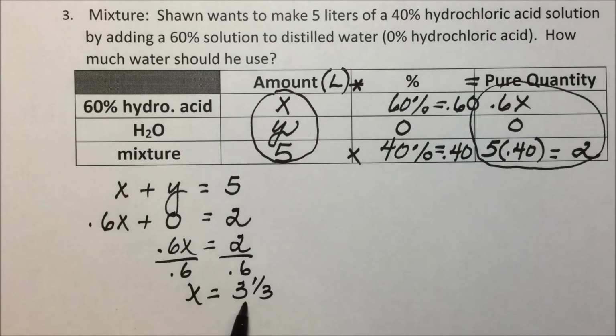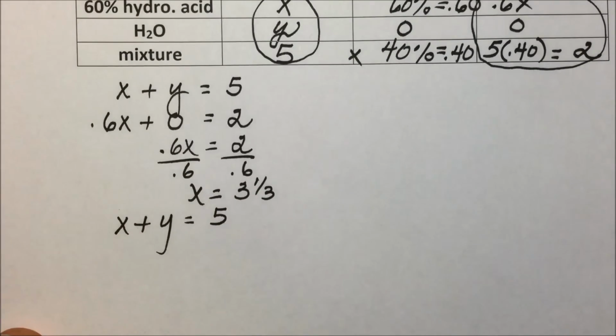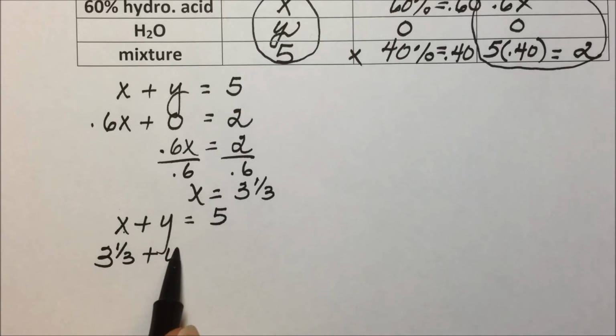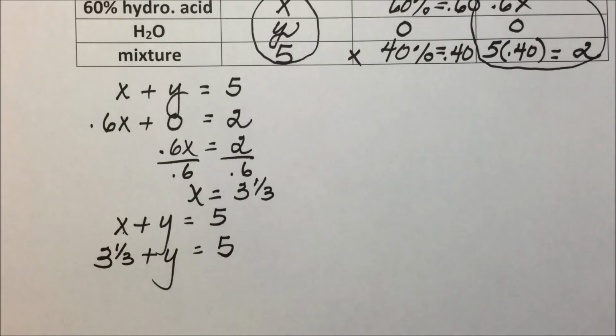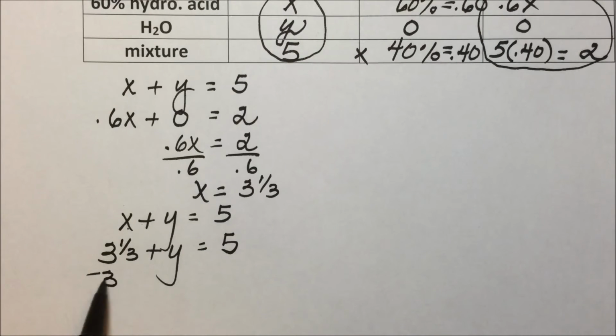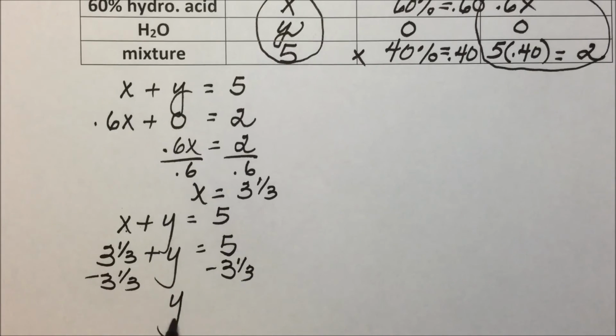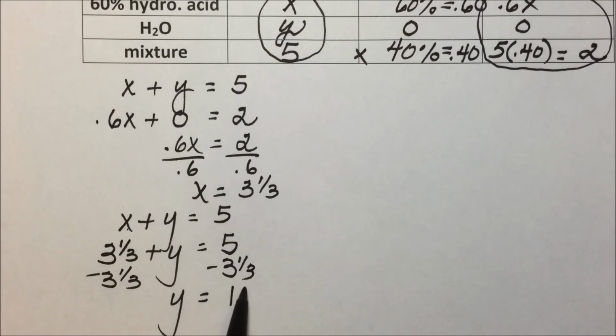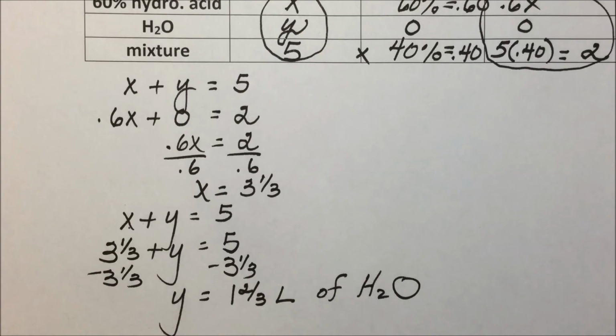But once we know one of the 2 variables, we can replace that in our other equation. x, we found to be 3 1/3, plus our unknown water is the volume that the mixture was equal to. Subtracting 3 1/3 from each side leaves us with y equal to 1 2/3 liters, which was the water that we were looking for to answer our question.